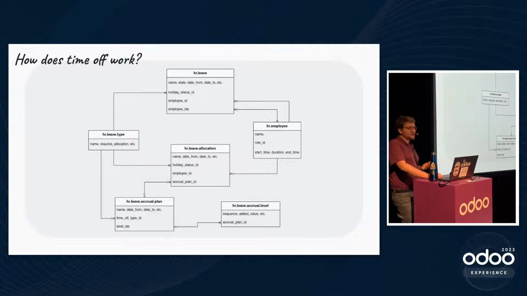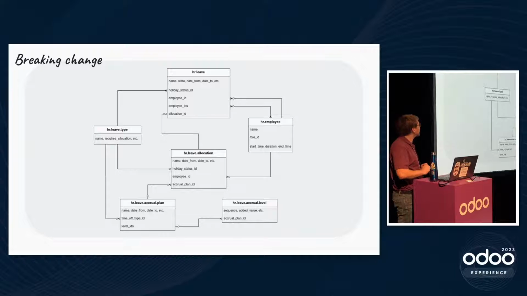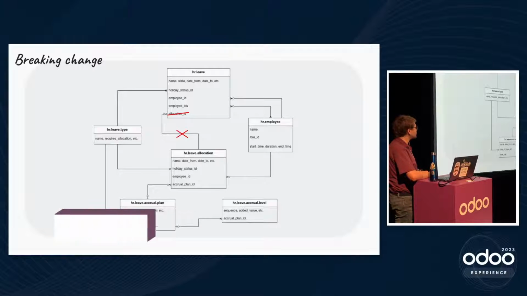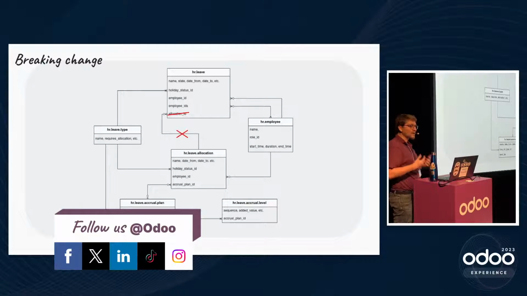We had a big change recently. In version 17, the breaking change that we had is that we came from this, so that was the organization before, to this. What we did is remove the link between the allocation and the leave. Why did we do that?